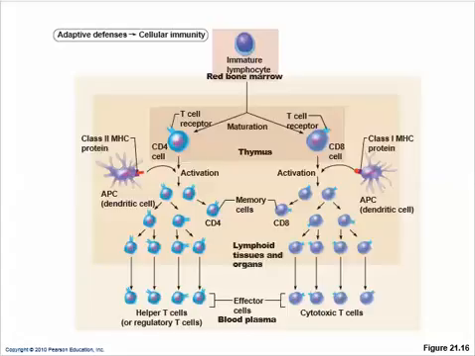Now, the helper T cells get activated by a class 2 MHC in an antigen-presenting cell, and when it gets activated, it immediately clones, makes memory cells and cells that are used.